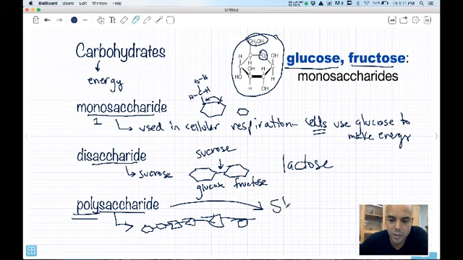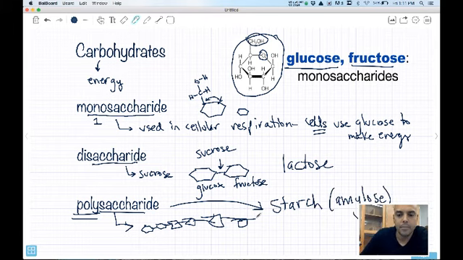The most famous one is starch, and starch has a fancy name, amylose. Other polysaccharides we talked about: glycogen.